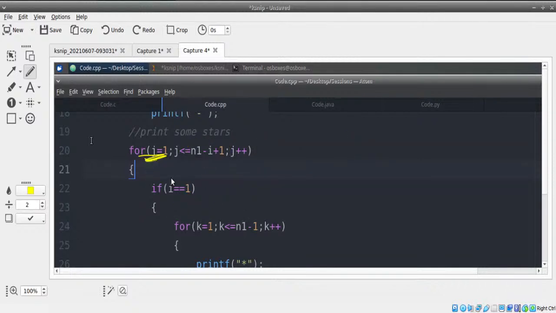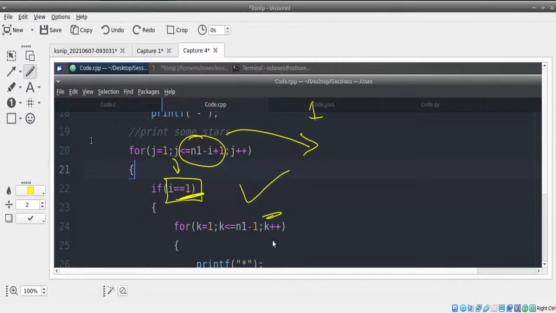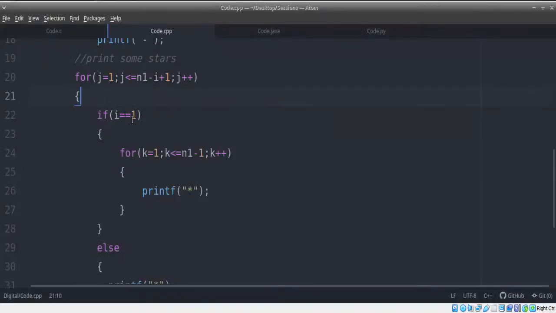This is the i value. i will remain 1. Are we changing i here? No. We are not changing i over here whatsoever. Since we are not changing i, if line number is 1, for all of these times this condition will be true. So it prints so many times. We have to avoid this condition.